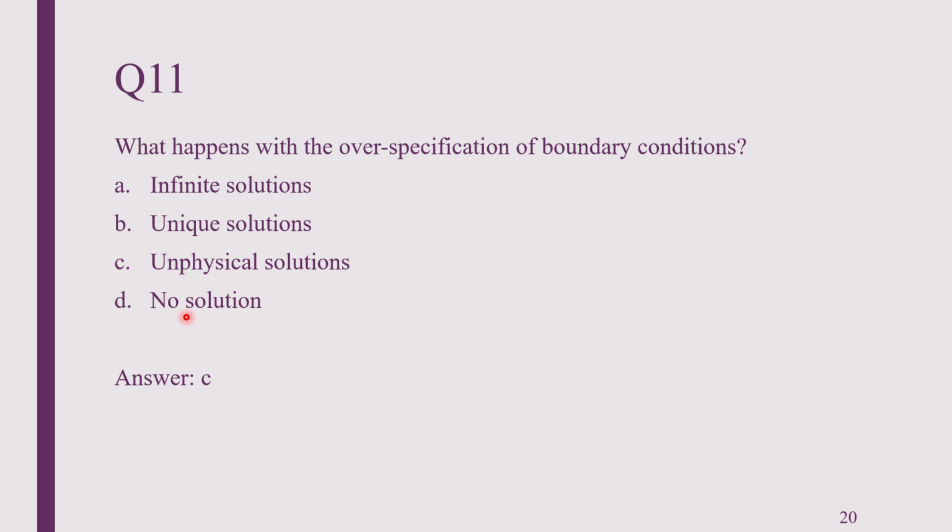If we over specify boundary conditions, it would lead to unphysical solutions. That is, those solutions would not be feasible in reality. Infinite solutions are possible when it is under specification, whereas over specification leads to unphysical solutions. That is, option C is the right answer.